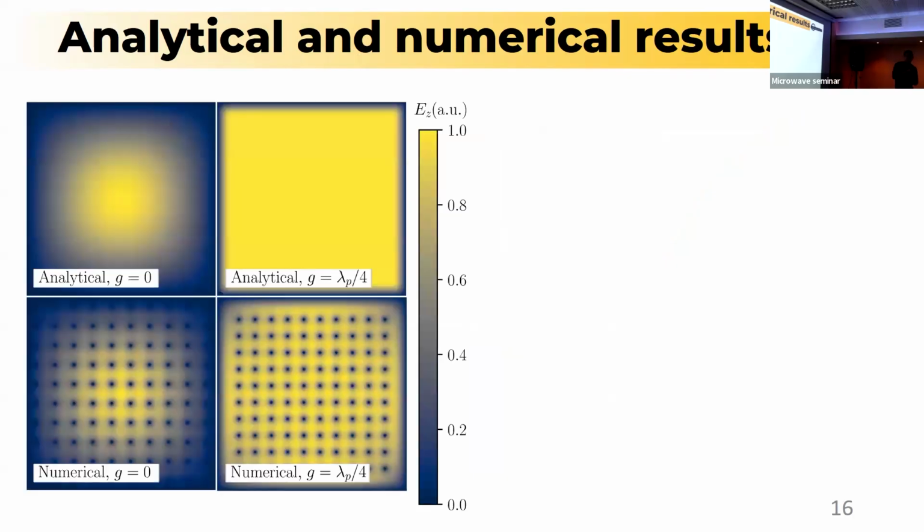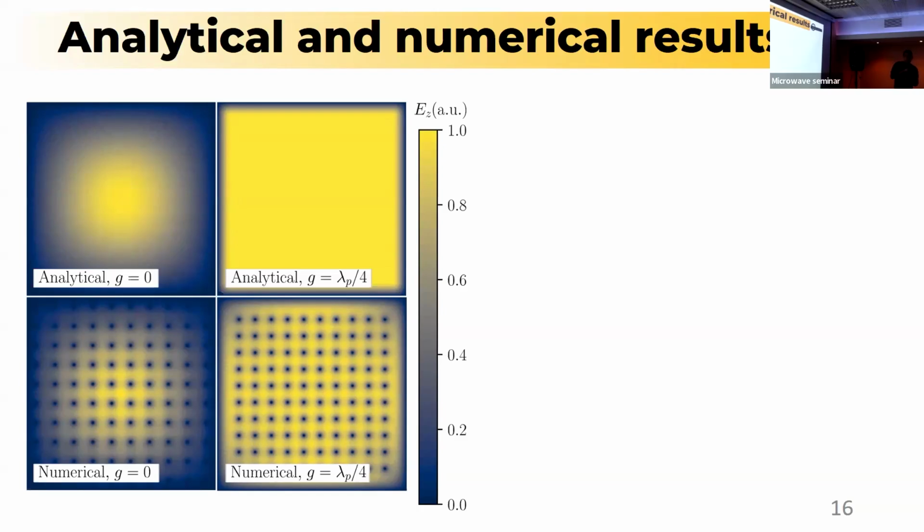So let's compare with some numerical results. Numerical results can be simply obtained in a 2D model in COMSOL, including the wires, right? So we have the following behavior. When we have the air gap equal to 0 in the analytical model and in the numerical simulations, we can see that this transversal profile is a sinusoidal one.